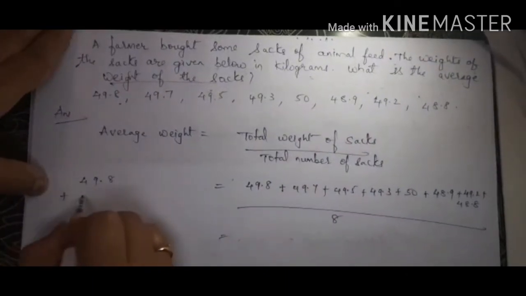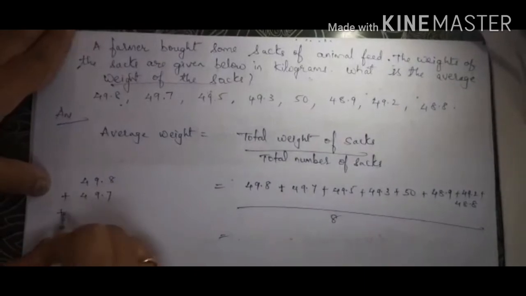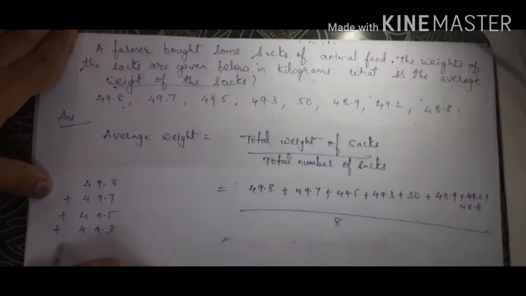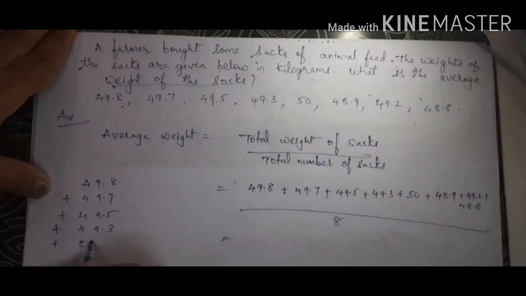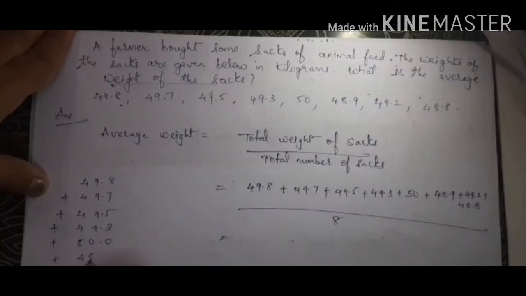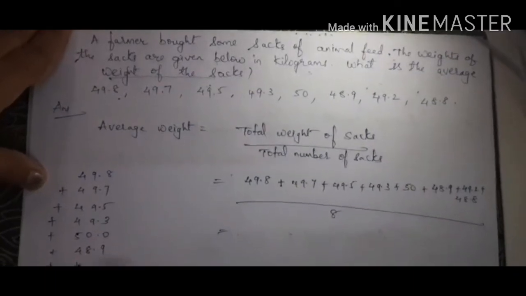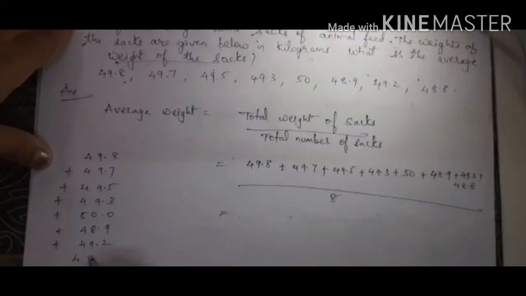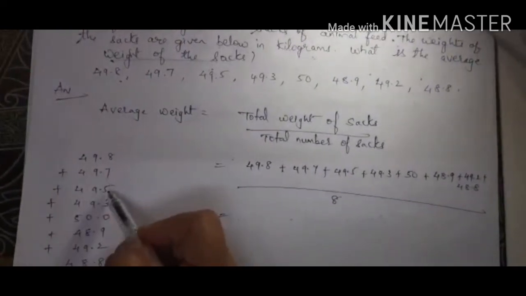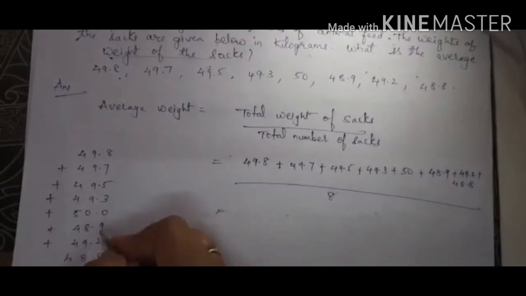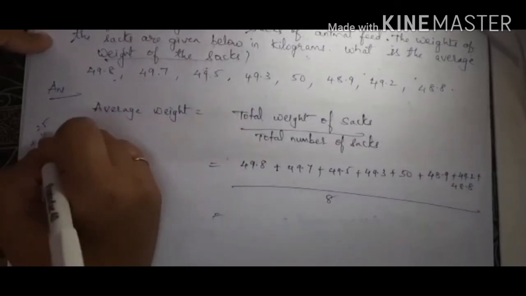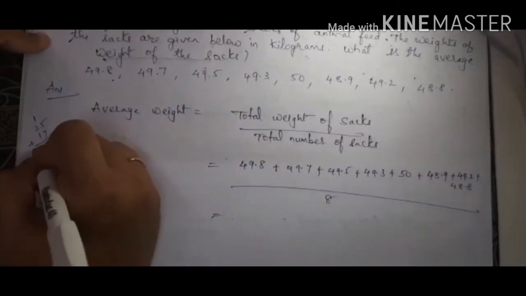49.8 plus 49.7 plus 49.5 plus 49.3 plus 50, we can write like this because there is no point over here, plus 48.9 plus 49.2 plus 48.8. Add it properly. 8 and 7 15, 15 and 5 20, 23, 24, 25, 25 plus 9 or 8 17, 42.